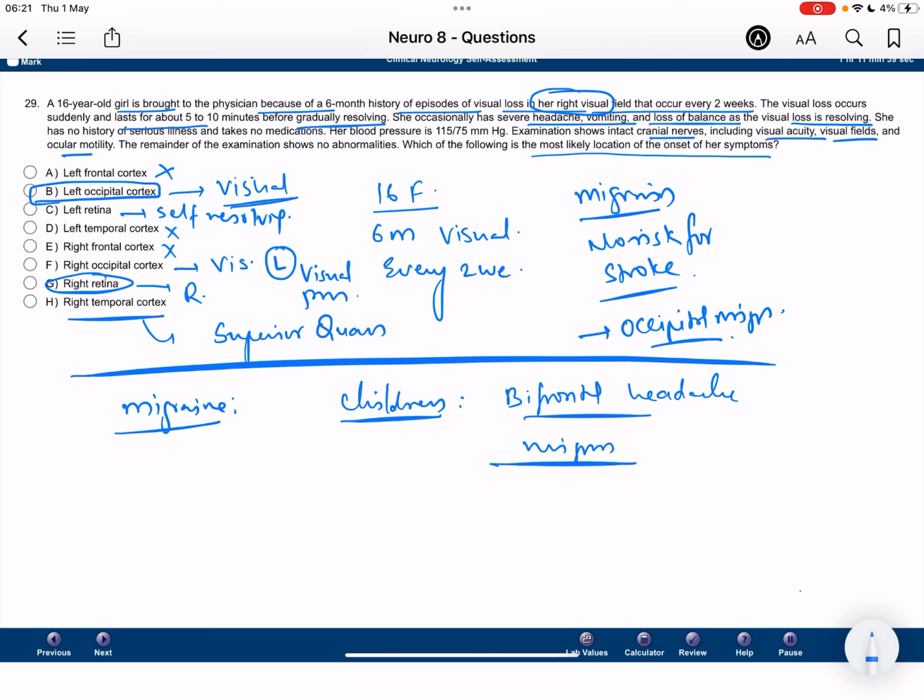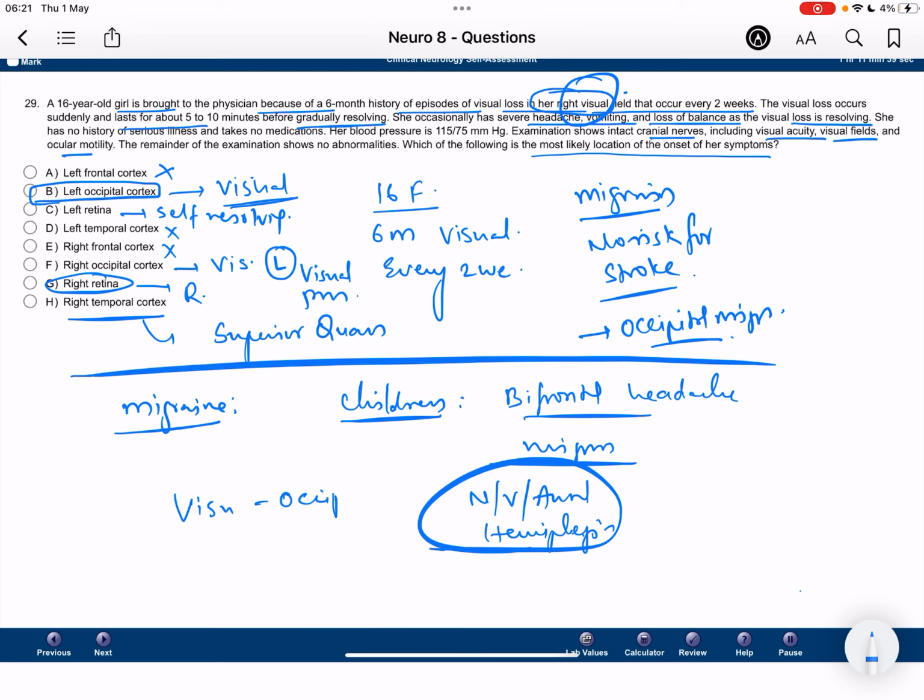Migraine can also present with nausea, vomiting, aura, sometimes hemiplegia. In this patient, there is involvement of visual fields, so that is why I'm thinking of the occipital cortex as one of the most important locations, because it controls the visual fields.